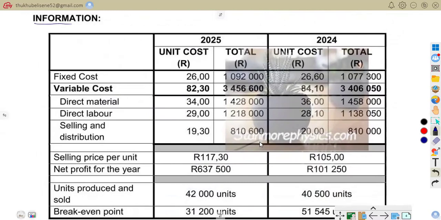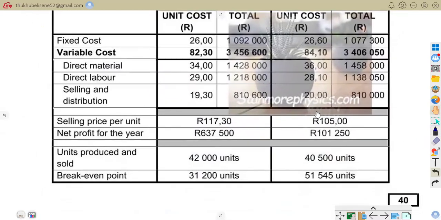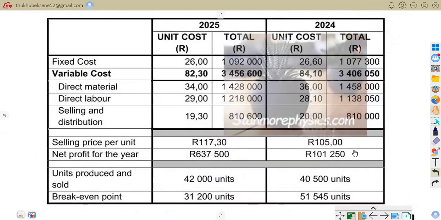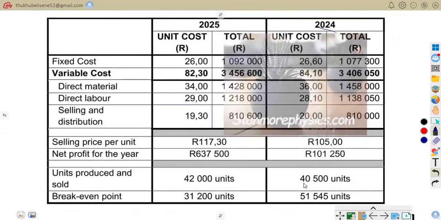You can go through it and see: we have 40,500 units in 2024, and in 2025 we have 42,000 units. So it means the units increased.